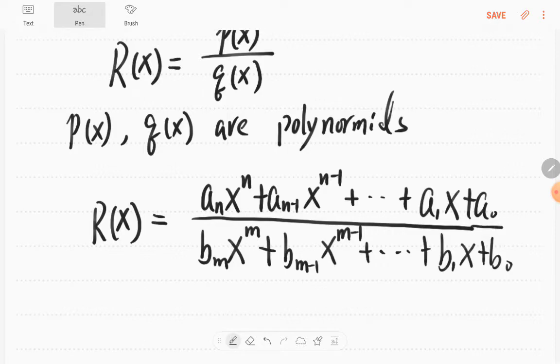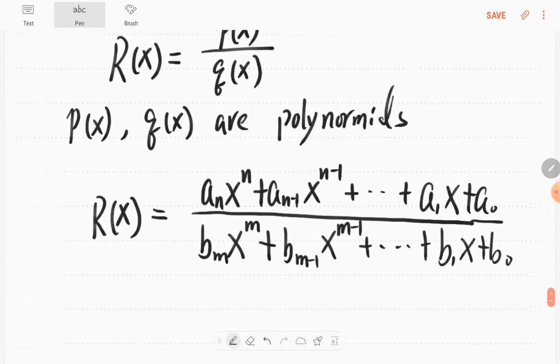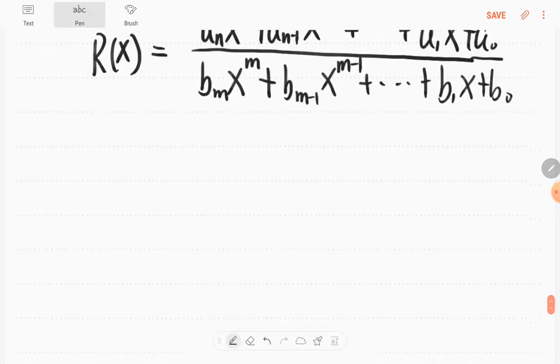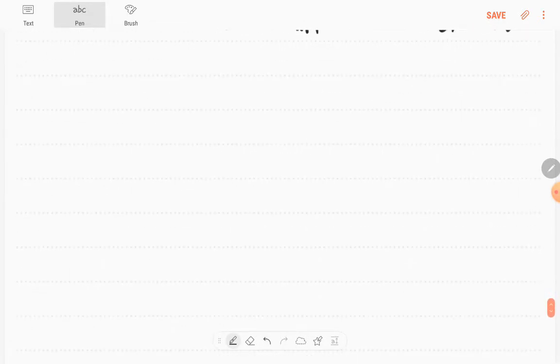So this is the typical form of a rational function, right? The rational function has a very special thing, which is called asymptotes.